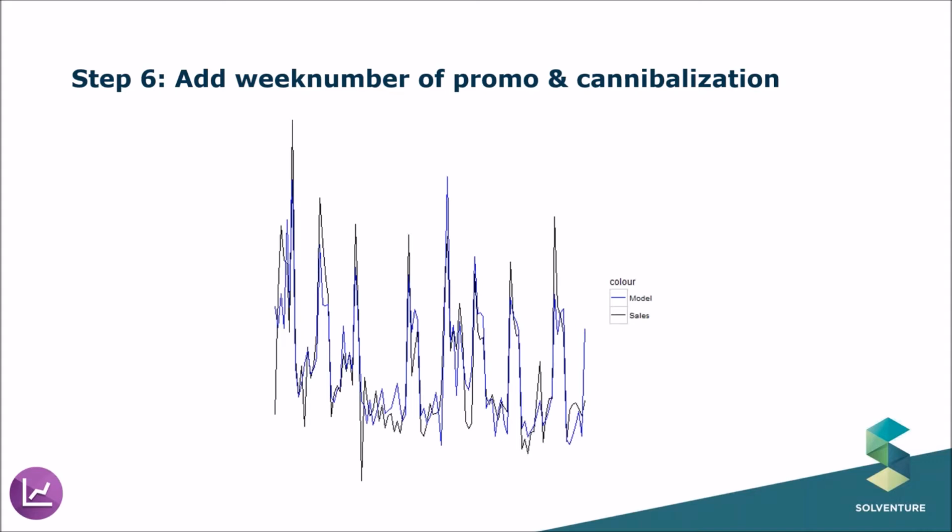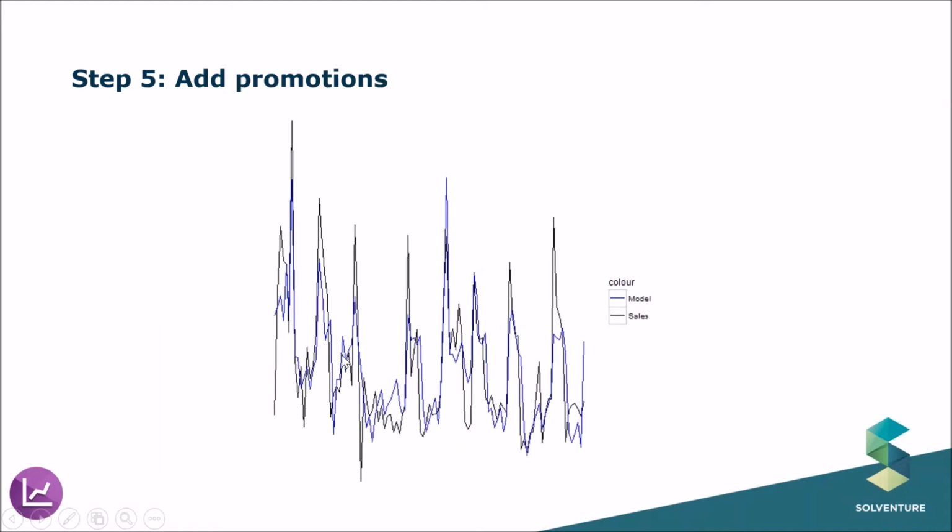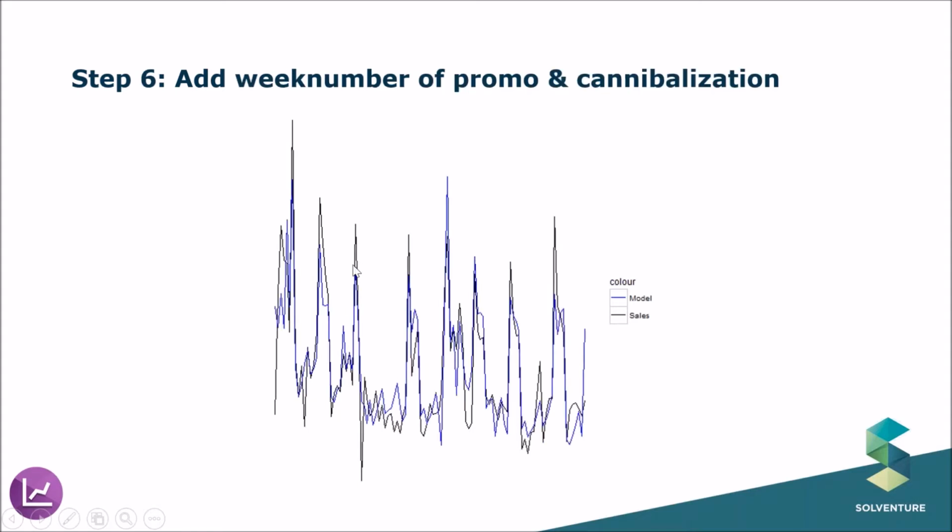That's all possible. So if I compare the two forecasts, what you can easily see, if I look at this peak over here, if I know that this is the first week, the effect in the first week will be stronger compared to the second or the third week.